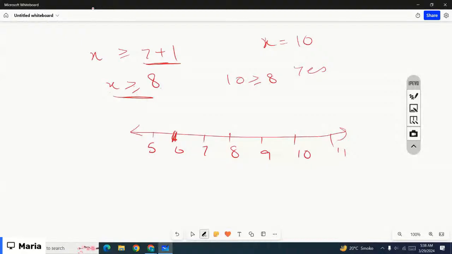Now you have to graph. So x is greater than or equal to 8, that means you have to start from here, because you have an equal sign, so there must be a filled in circle, because 8 is also the solution of the inequality. And greater, so the arrow must point on the right hand side, because x can be greater than or equal to 8. That's how you graph an inequality.